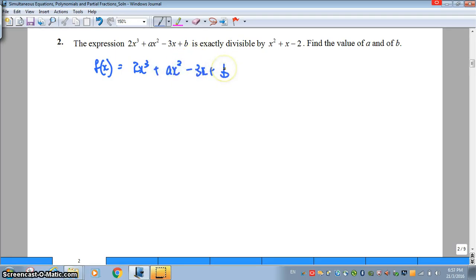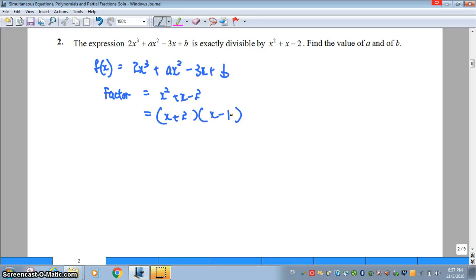Next, you are told that it's exactly divisible by x squared plus x minus 2. Let me write down the factor. And remember, you will need it to be a linear factor. You notice this quadratic factor can be factorized to be (x plus 2)(x minus 1). This means that there are two linear factors in this case.